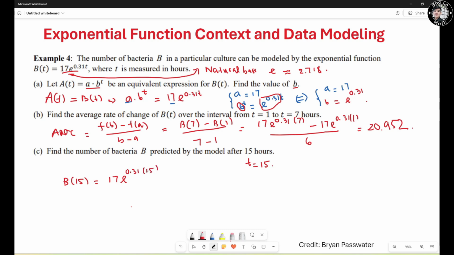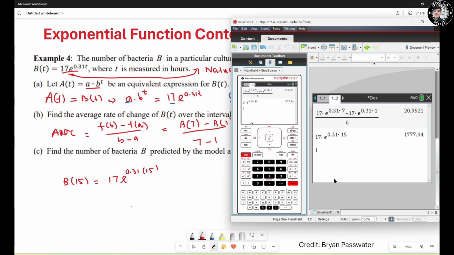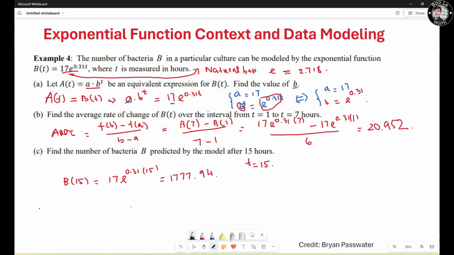Remember, 15 is in the exponent, right? So we can bring up the calculator right here. The answer must be 1777.94.